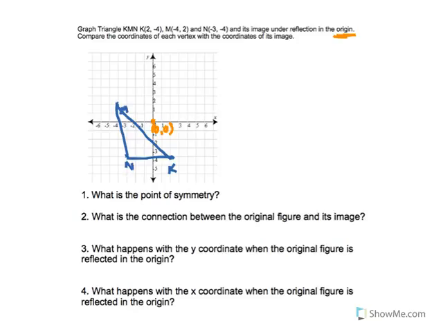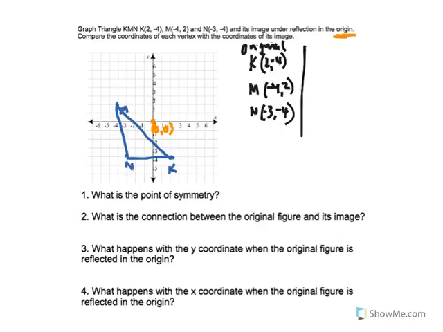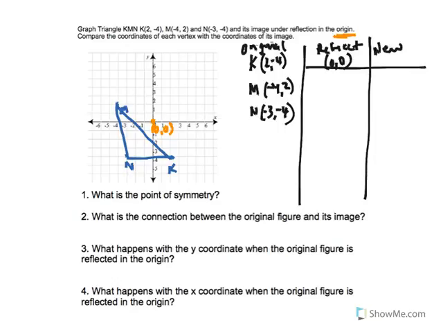Let's see. Okay, so if we have our original coordinates, we have reflect in the origin, right? And our new points are going to be, when you reflect something in the origin, you change both signs.